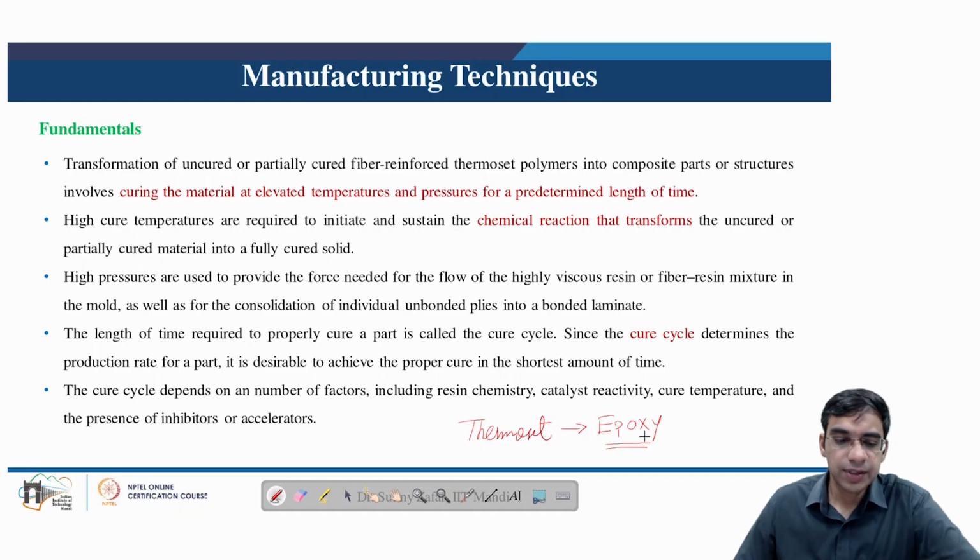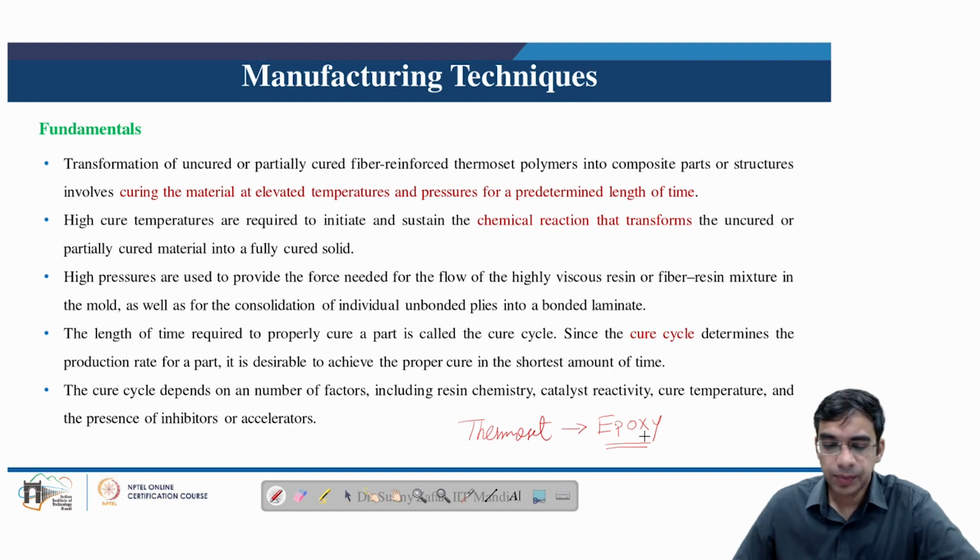So higher cure temperatures are required to initiate and sustain the chemical reaction that transforms uncured or partially cured material into fully cured solid. High pressures are also utilized, which provide the force needed to flow the highly viscous resin or the fiber-resin mixture in the mold, because the resin is mixed with a hardener to initiate cross-linking before it is pumped into the mold.